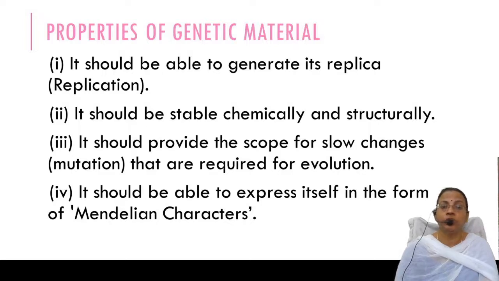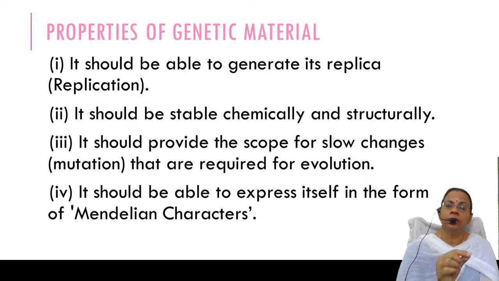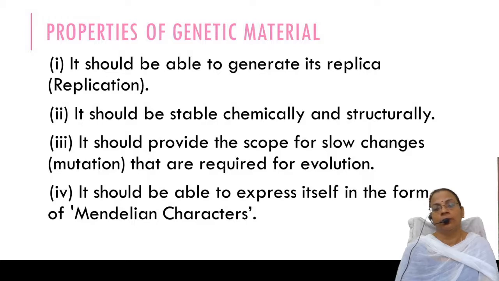The third point, it should provide the scope for slow changes that are required for evolution. Even though I said they resist the changes, with proofreading, occasionally, not often, an error can occur in DNA replication.